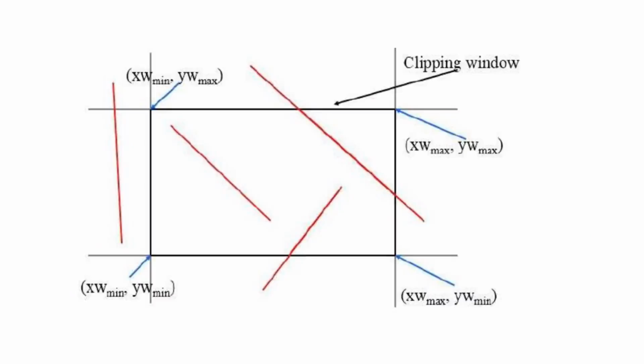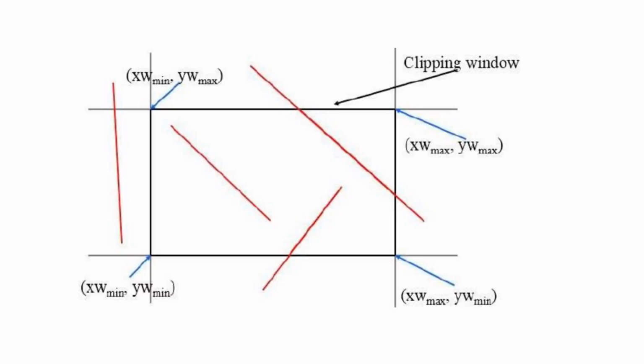In the figure, we have one line completely inside, and we accept it. One line is completely outside on the left side, and we completely reject it. But here we have 2 lines which are partially inside. The part outside the window boundary we cut, and the intersection point of the window and the line we consider the second point, and we find the region code for it.